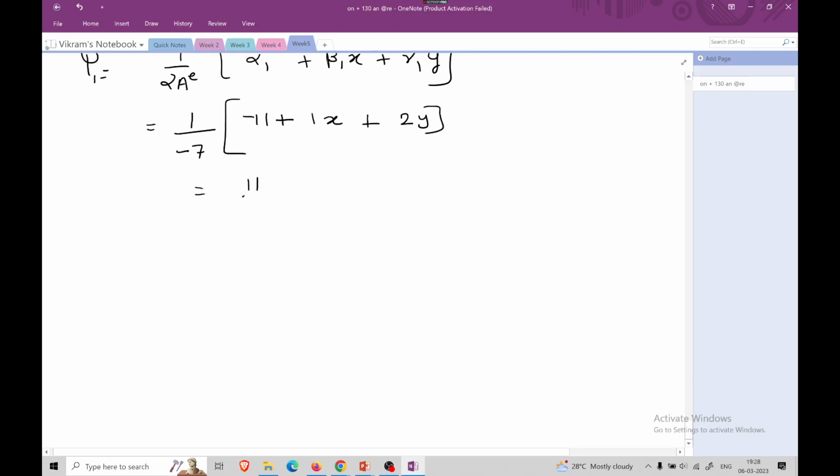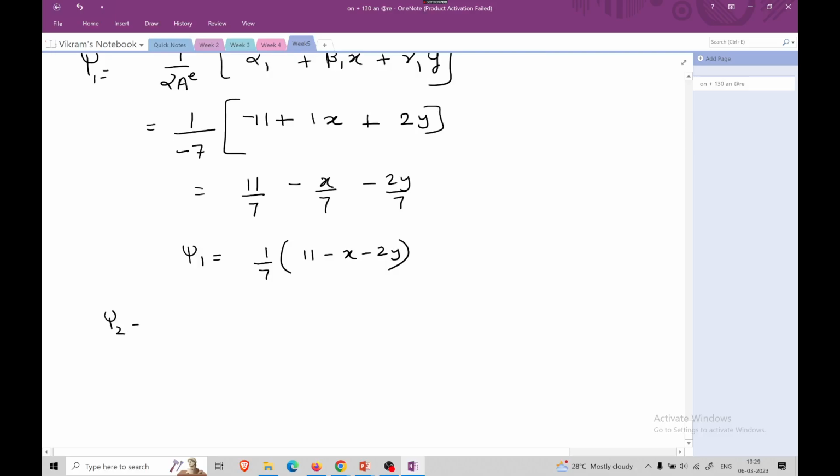So 11 by 7 minus x by 7 minus 2y by 7. So psi 1 is equal to 1 by 7, 11 minus x minus 2y.